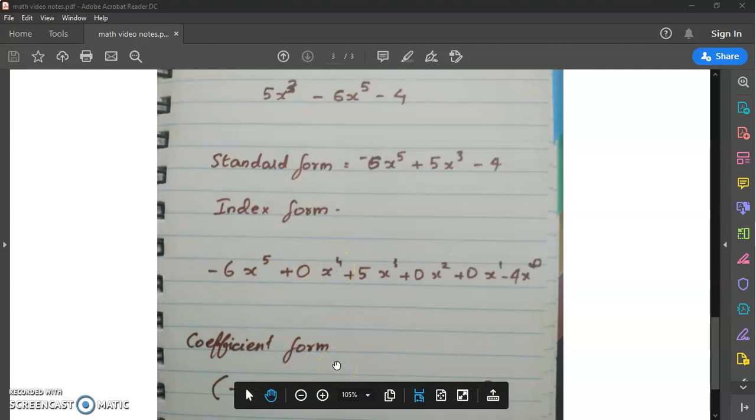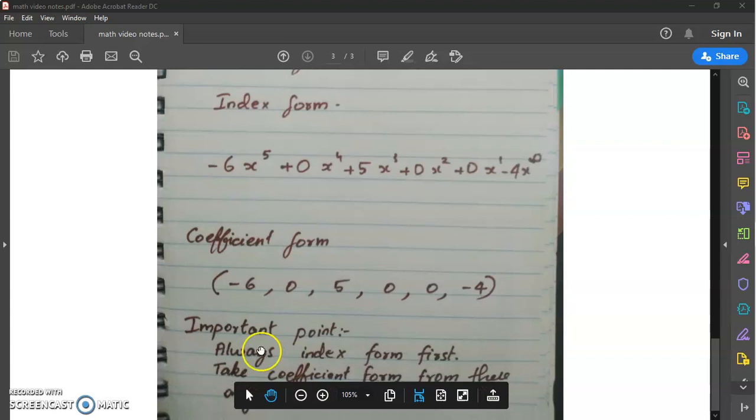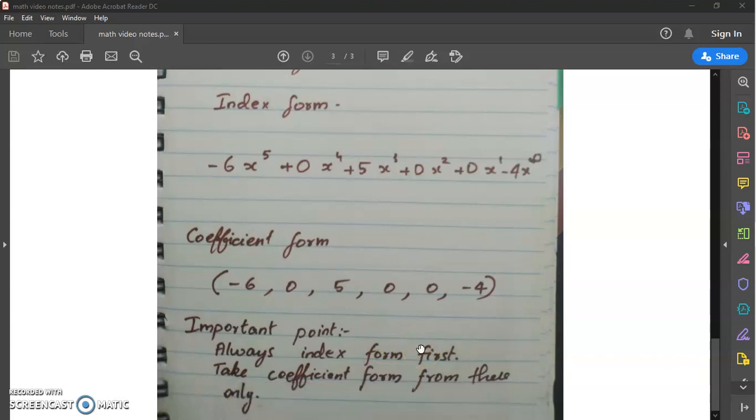Do not write coefficient form straight from standard form. That is a common mistake seen in papers. So please be aware of that. I've written the important point here and marked it with a star. Always write index form first. Take coefficient form from there only. Clear?